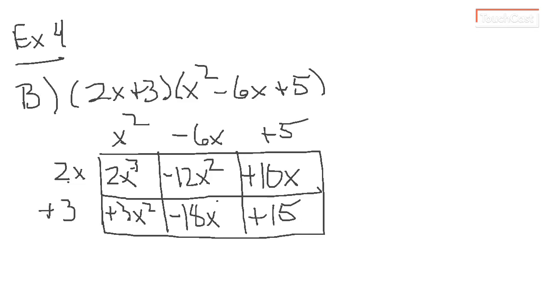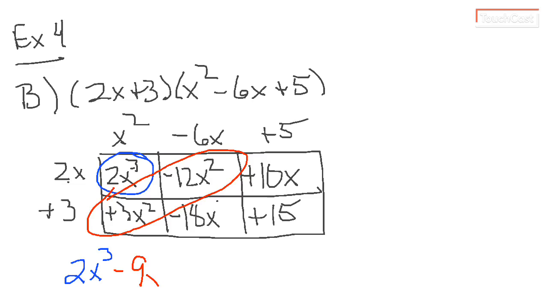Now, we're going to look at these rows and combine any like terms we have. So we've got 2x to the power of 3. So that's the first thing we're going to write. And then we've got 2 terms that have an x squared. So negative 12x squared and 3x squared will combine to make a minus 9x squared.